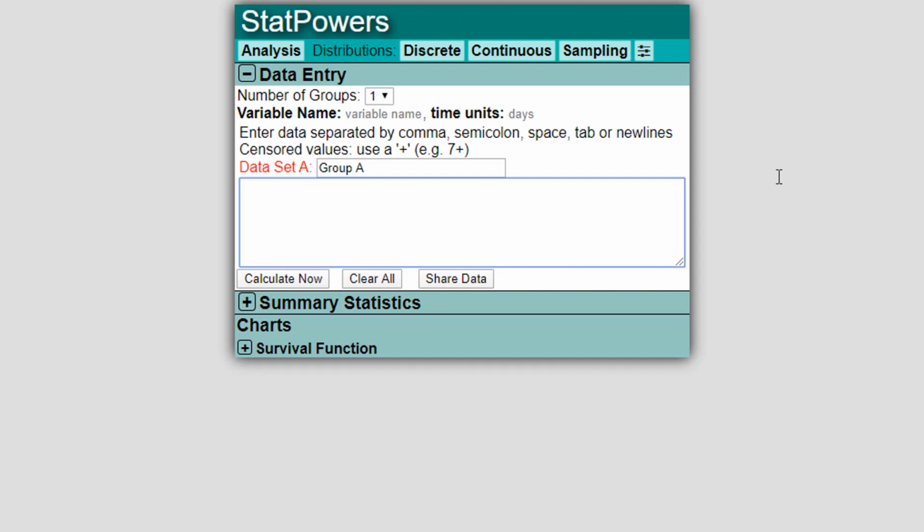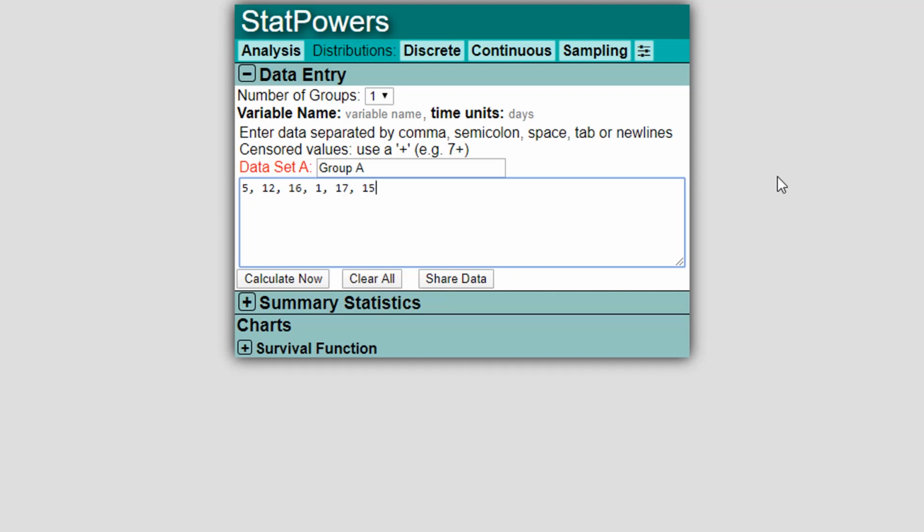Let's say one person lasted 5 days before they got a cold. The next person 12 days. Another person lasted 16 days, then got a cold. There was somebody who lasted 1 day and they got a cold. We had somebody who was 17 days.